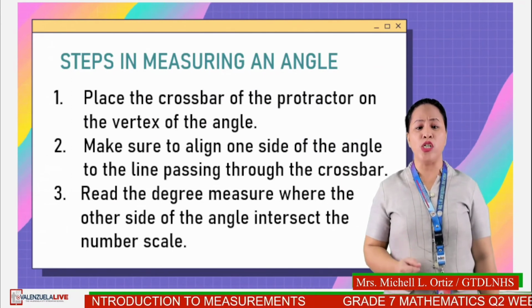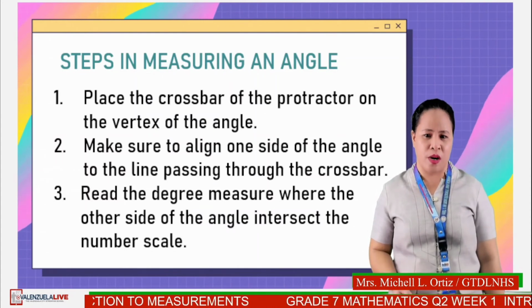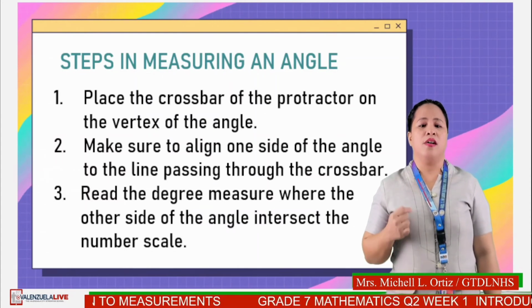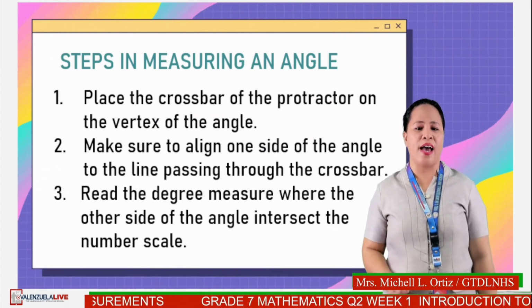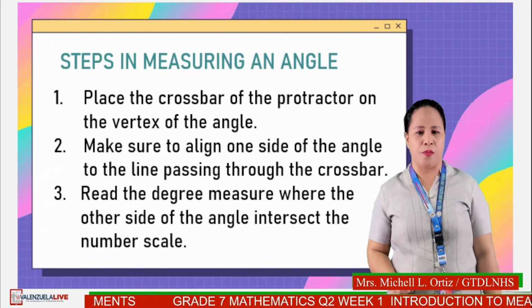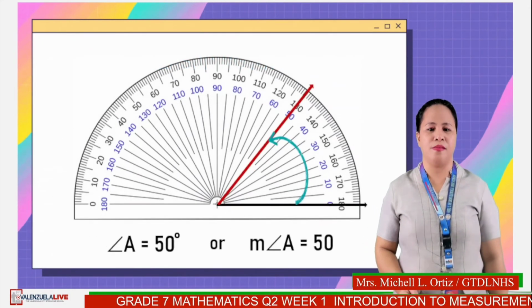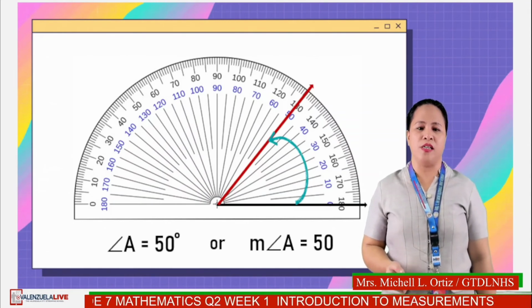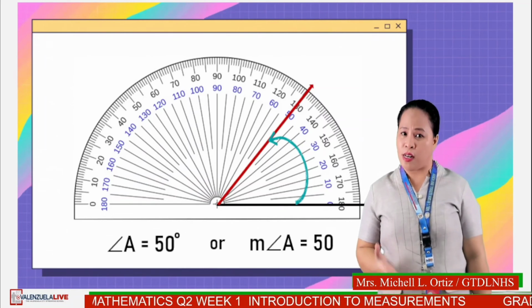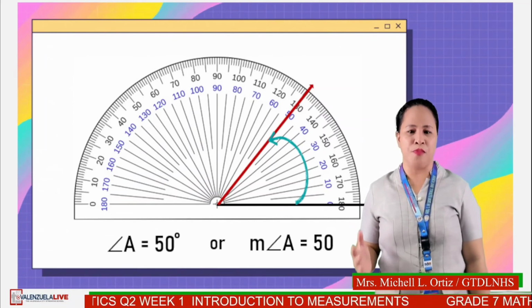Second, make sure to align one side of the angle to the line passing through the crossbar. Third, read the degree measure where the other side of the angle intersects the number scale. Example, angle A is equal to 50 degrees, or can also be written as angle A equals 50.